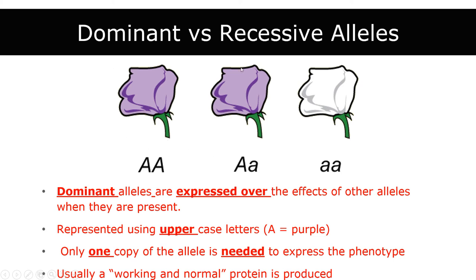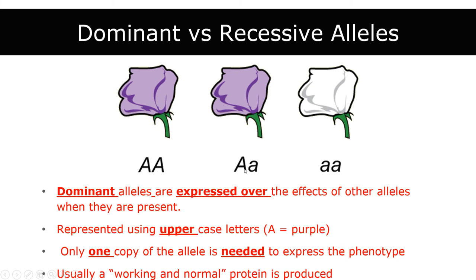For an allele to be dominant, it only takes one copy of that allele to express the associated phenotype. In this case, the genotype is uppercase A, and the phenotype is the color purple. In this case, the genotype is uppercase A, lowercase a, and the phenotype is still purple.